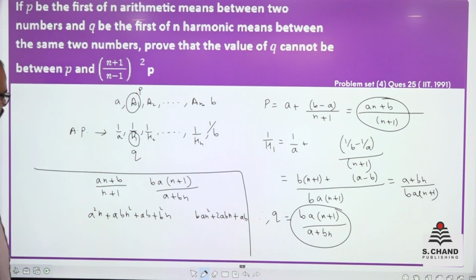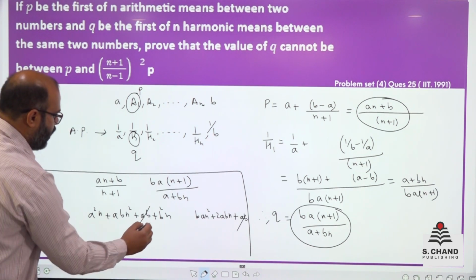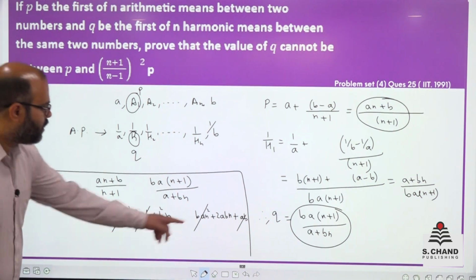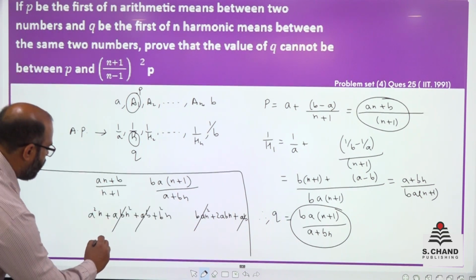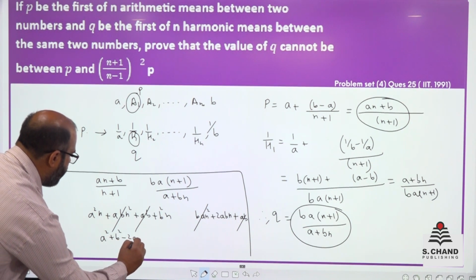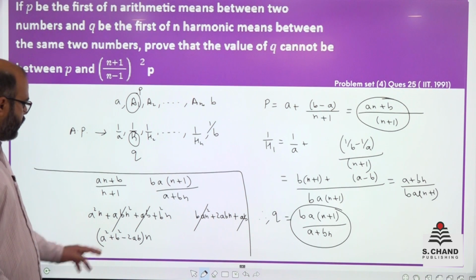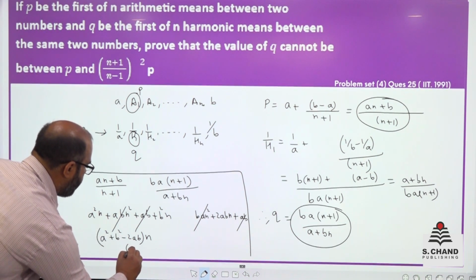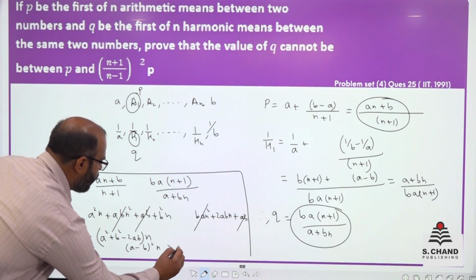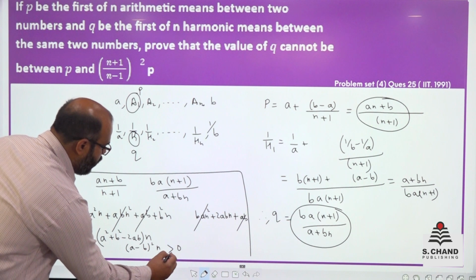There will be some cancellation, like AB will get cancelled, and BAn² will get cancelled, and this you can take on the left hand side. So this will become (A² plus B² minus 2AB) into n. This value is (A minus B) whole square into n, which we already know is greater than or equal to 0, as A and B may not be distinct.